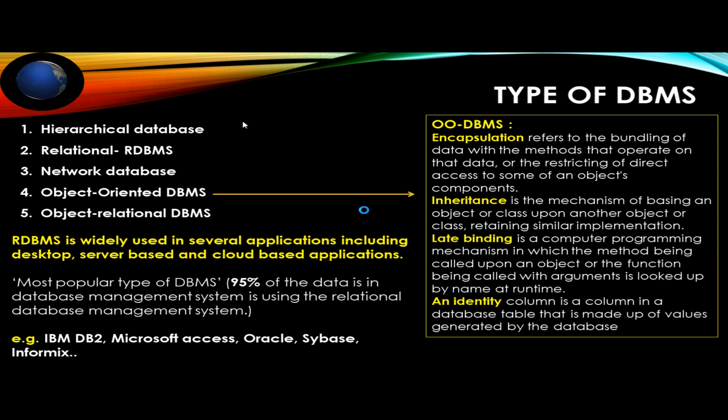Direct access to some object components is restricted, so other than our people or the industry people, no one gets the information of the database. So we keep some security, or some bundling or covering. That is called encapsulation, hiding.